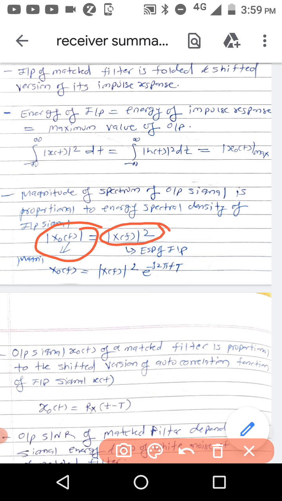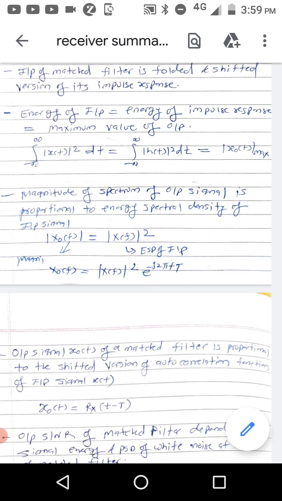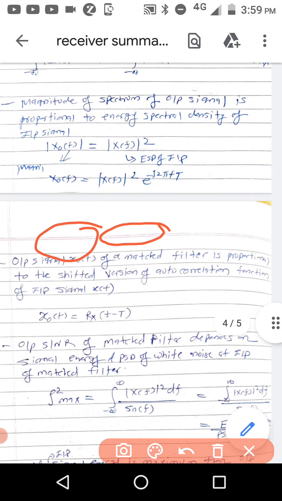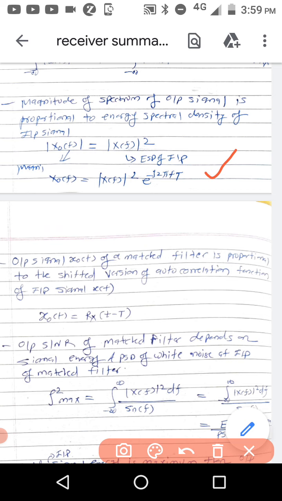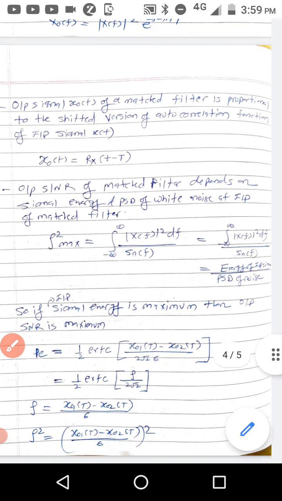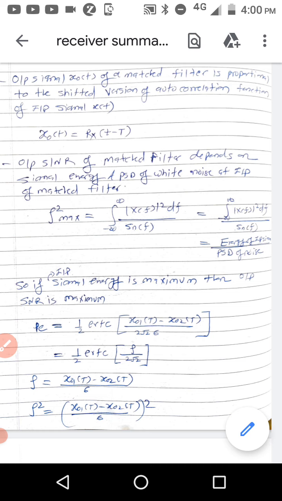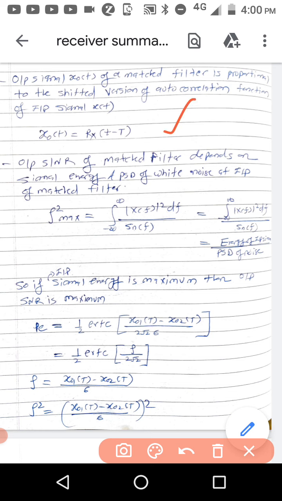Because x(t) as well as h(t) are energy signals. So again we have the relation that X0(f) is equal to mod X(f) square e raised to minus j2 pi f T. Next is output signal x0(t) of match filter is proportional to the shifted version of autocorrelation function of input signal. So this is also important, that x0(t) is shifted version of autocorrelation function.